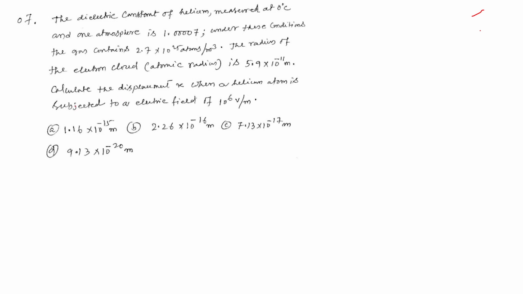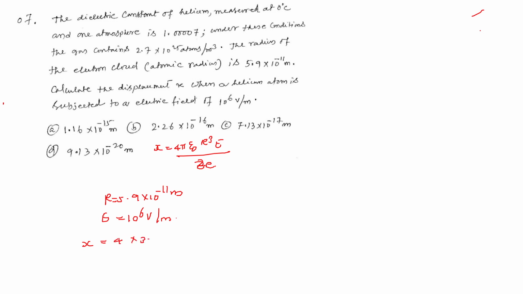Okay, now for the displacement, that value x, it will be 4 pi epsilon 0 r cube E divided by Z e. Okay, so r we know is 5.9 into 10 to the power minus 11 meter, and E will be 10 to the power 6 volt per meter. Now for the x value, we just have to substitute all the values.